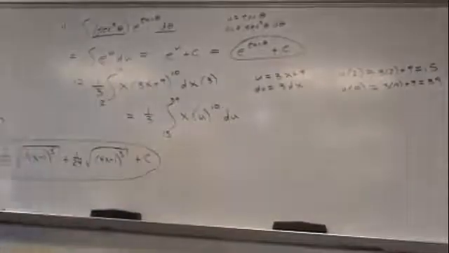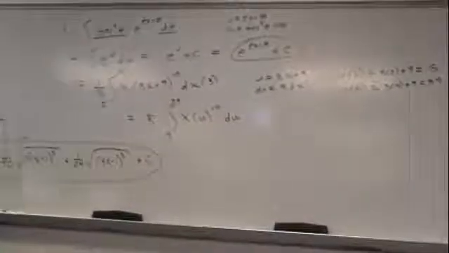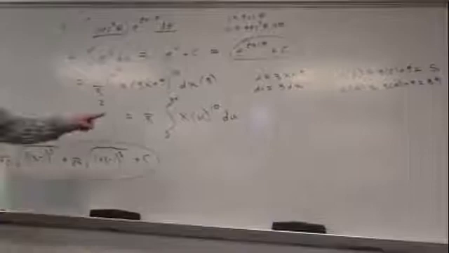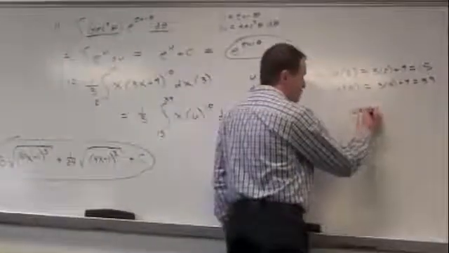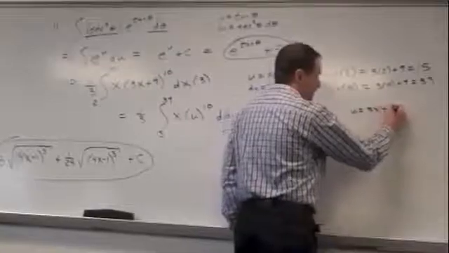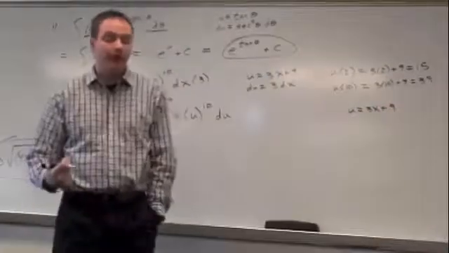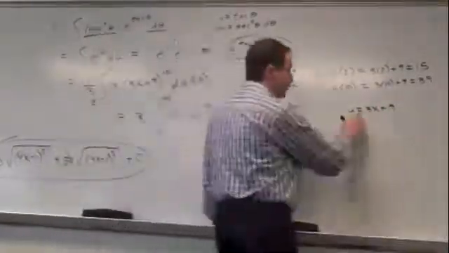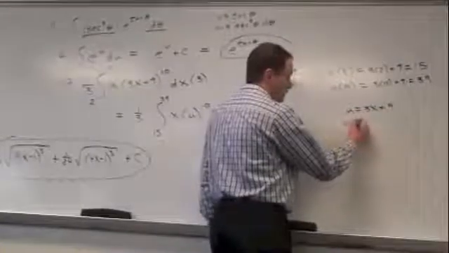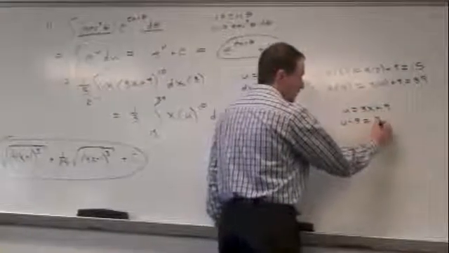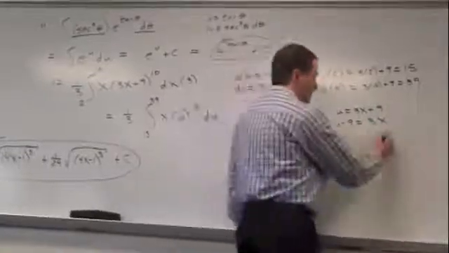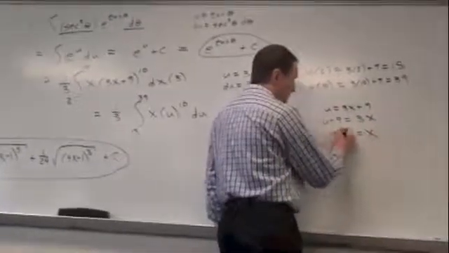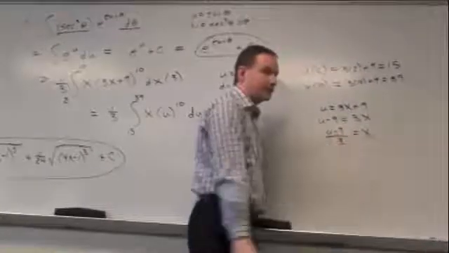So now, just as with the earlier problems where we had this substitution, I can get rid of the x by saying I know u is 3x plus 9. So if I want to solve for x, u minus 9 is equal to 3x. So x is equal to (u minus 9) over 3.